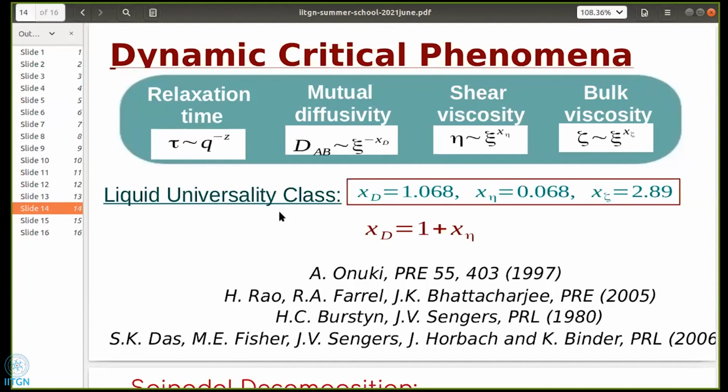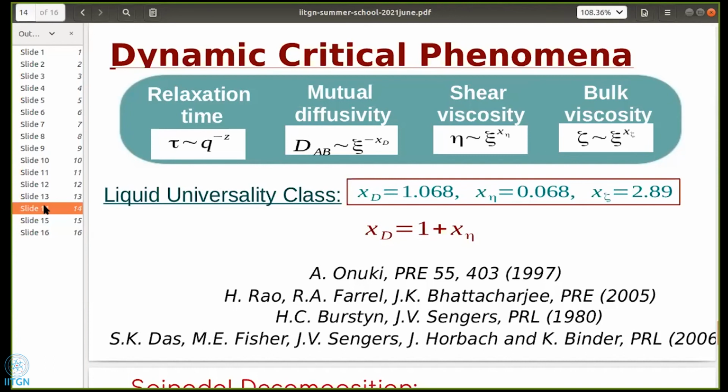For the liquid universality class, the values of these exponents are given here. There are certain techniques, called mode coupling theory, renormalization group calculation, dynamic RG, etc., from which people found the values of these exponents. There are also computational works with which the values of these exponents were obtained accurately.